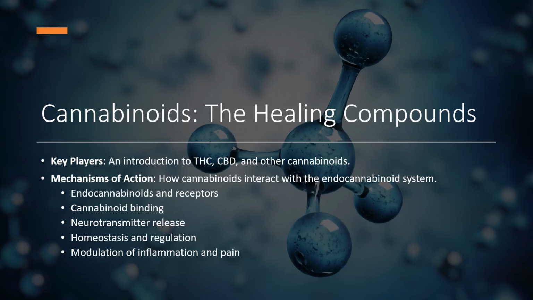And we know that cannabis contains a multitude of chemical compounds, which are known as cannabinoids, with two of the most well-known being THC, or tetrahydrocannabinol, and cannabidiol, which is CBD. And THC is primarily responsible for the psychoactive effects of cannabis, and that's what leads to the high that often is associated with its use.